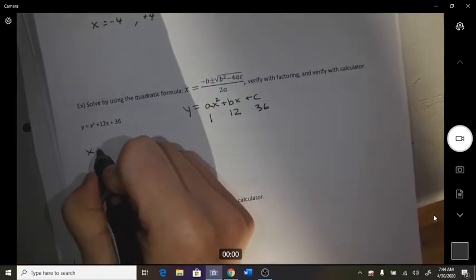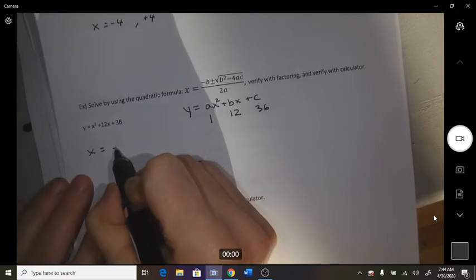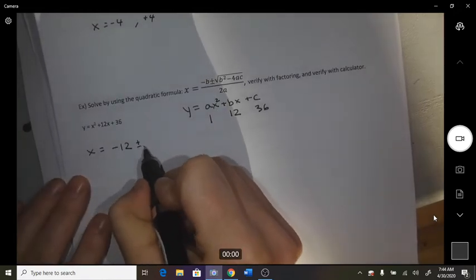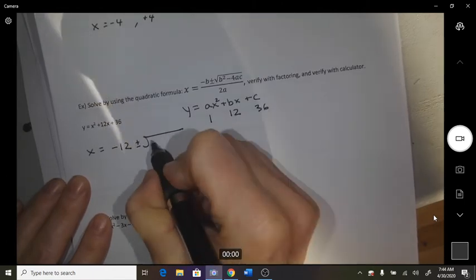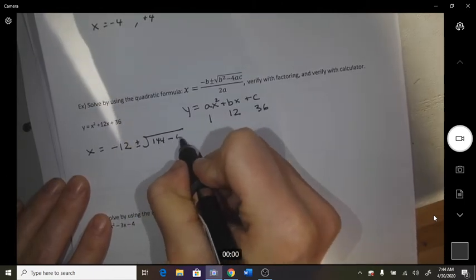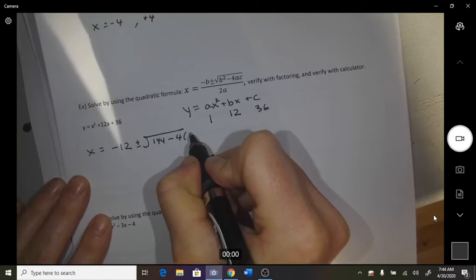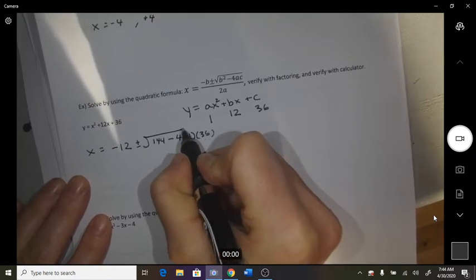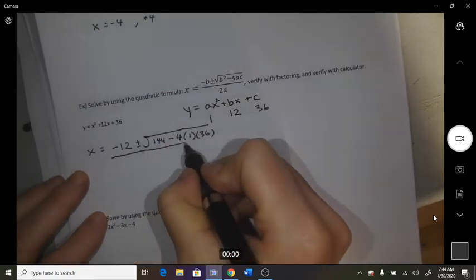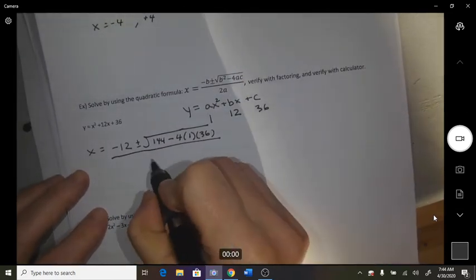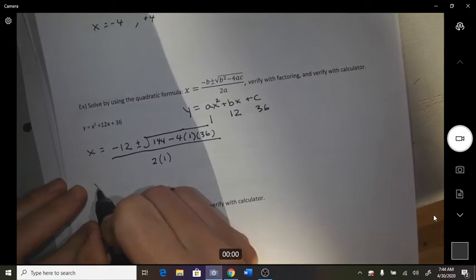Okay, so x equals negative b, so negative 12, plus or minus the square root of b squared, so 12 squared is 144, minus 4 times 1 times 36. All that needs to be under the square root. Then the whole fraction is divided by 2 times 1.